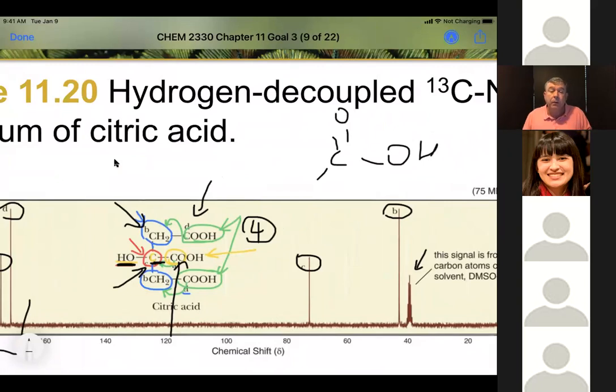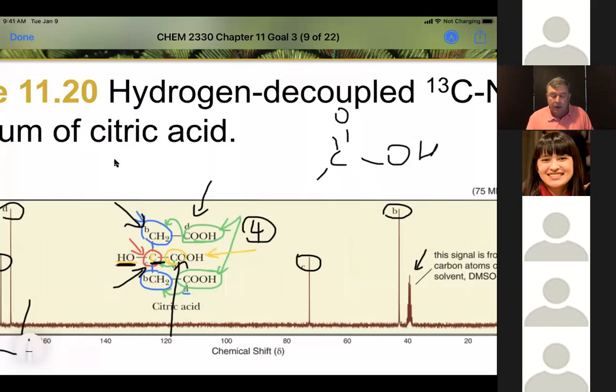So among those, which is going to be shifted further to a higher chemical shift number? Is it going to be the one that has the oxygen on it, or the one that has two carbons on it? The oxygen? That is correct, because adding electronegative atoms like nitrogen, oxygen, and halogens shifts it further up than if it was just a regular hydrocarbon.